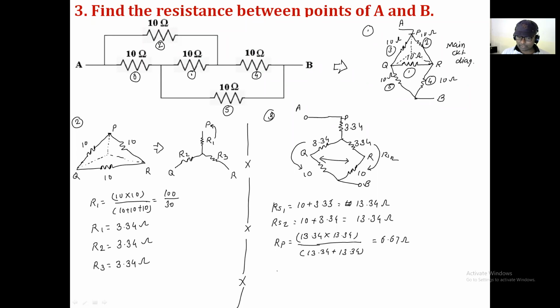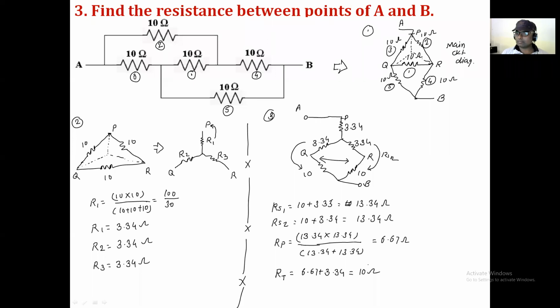Okay, and now this RP is connected in series with this 3.34. So now I can write it down here. R total in between A and B point, which is 6.67 plus 3.34, which is equal to 10.01, it's a 10. Is it right?